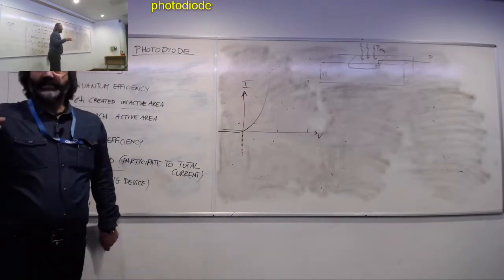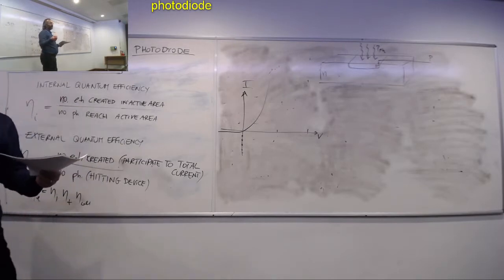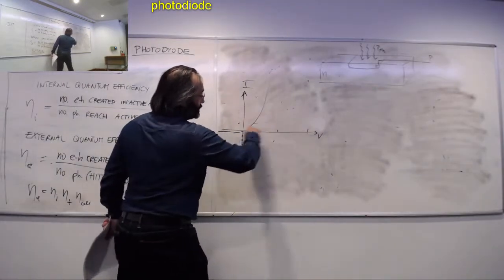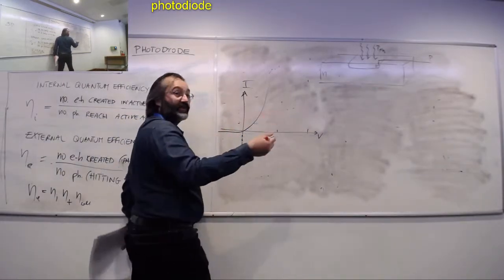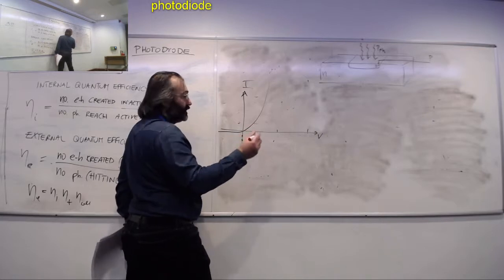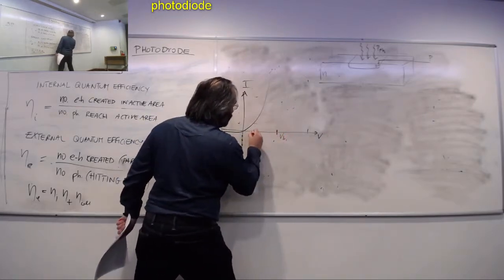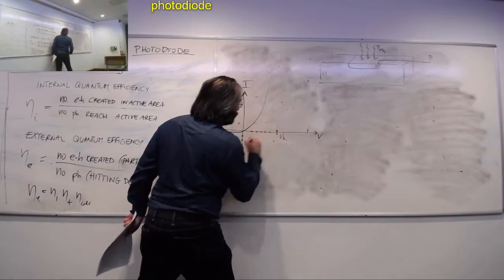When we are contemplating the open circuit situation, which means no current is flowing through the device, we are moving on this axis, and at most the curve should reach VBI. So we will be somewhere here in these points.